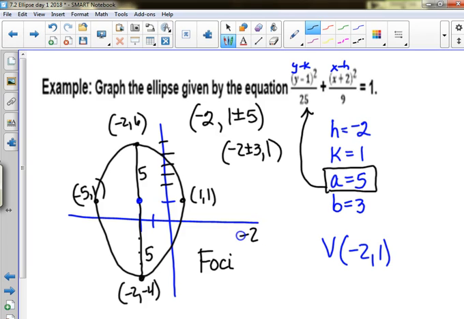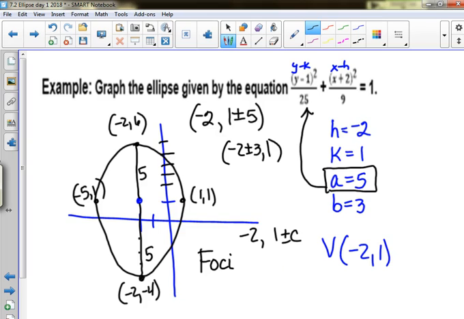So starting at this vertex, we're going to go out C on the major axis, which is which way? The Y, up and down. So we're going to add plus or minus C right there. Is that what it says? On your sheet, there it is. H comma K plus or minus C, right?